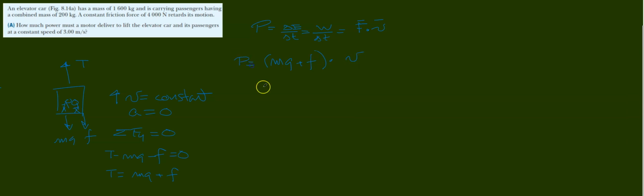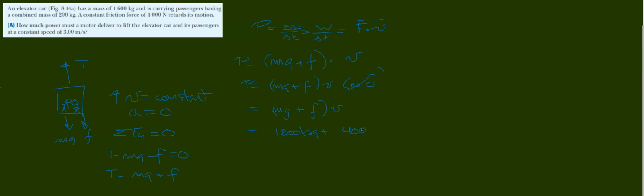So that's going to be the cosine of 0, which is 1. All we have to do is multiply all the terms together. The combined mass is 1800 kilograms. The friction is 4000.